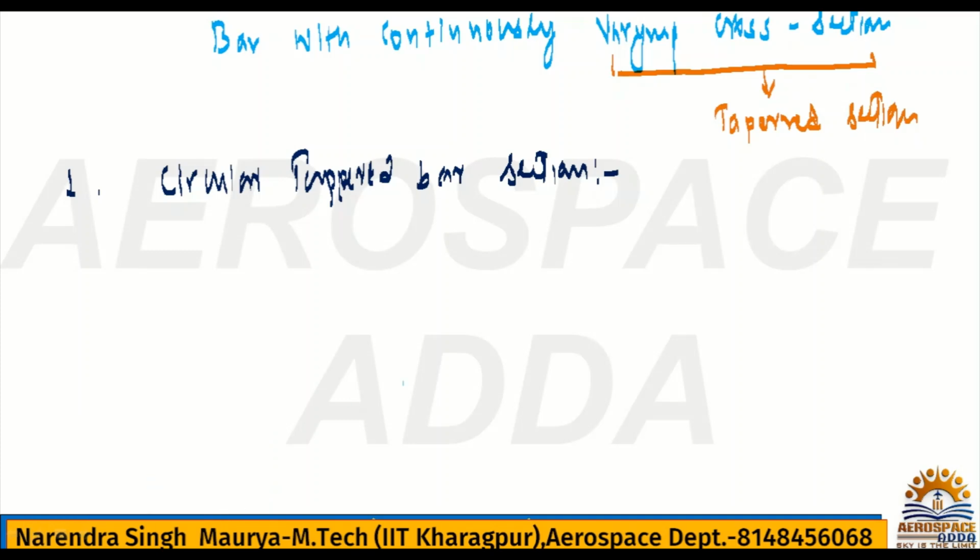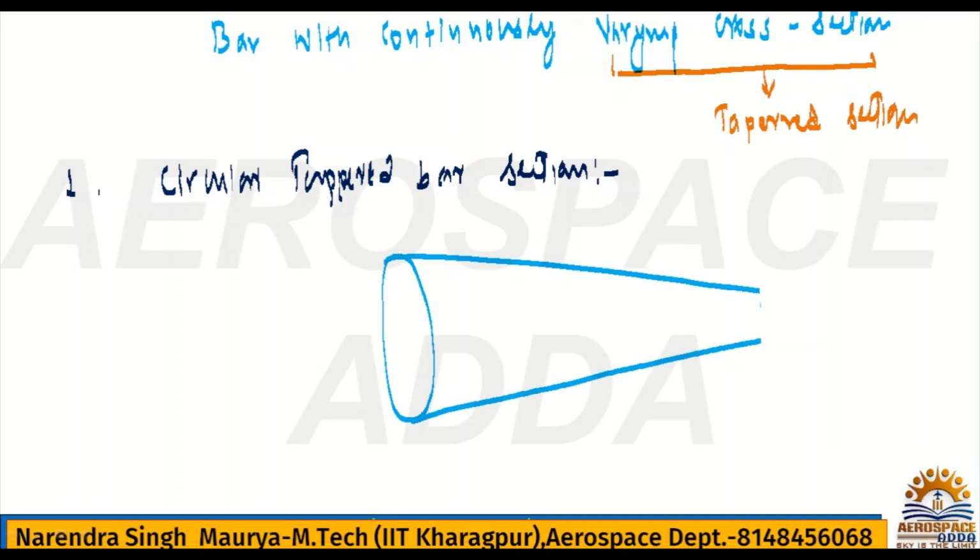Now here in the circular tapered bar section, because it's circular, the initial diameter is d1, and it is tapering, so obviously the cross sectional area is varying. Now the diameter becomes d2.